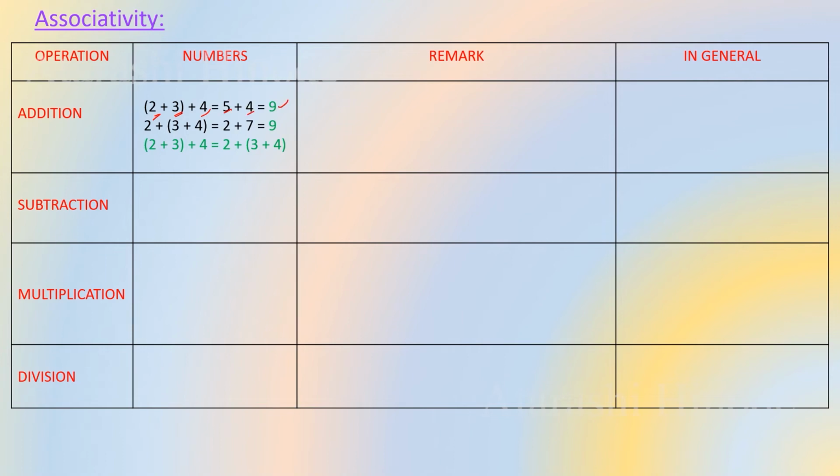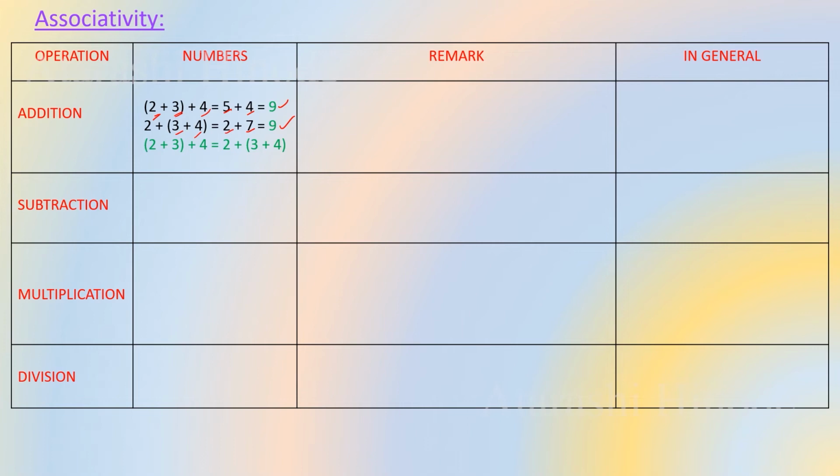In the second case I have grouped 3 and 4, that is 3 plus 4 equal to 7, then plus 2 equal to 9. In both the cases we get the same answer. That is, when we add numbers, we can group the numbers in any way. The grouping of the numbers does not change the sum of the numbers.